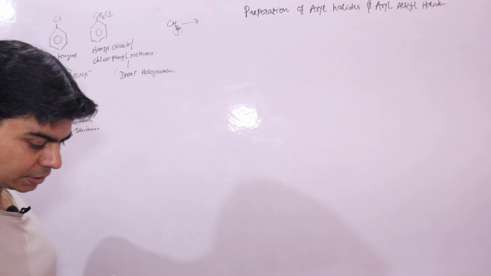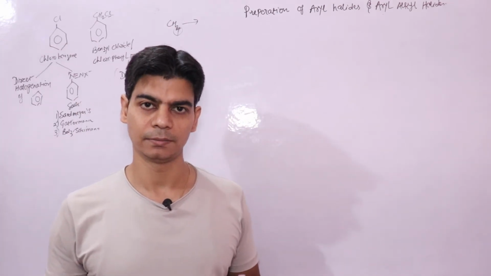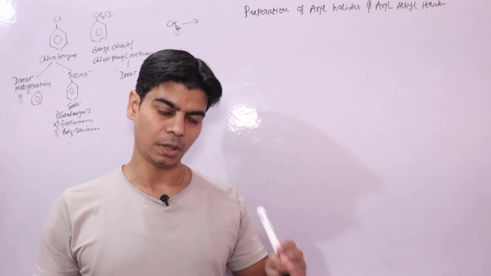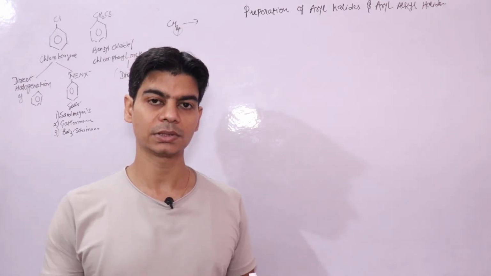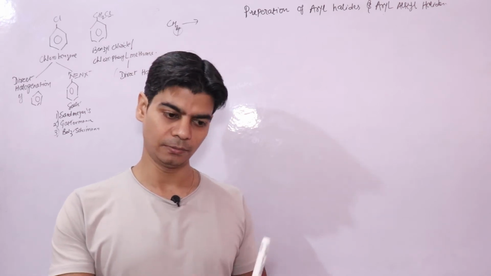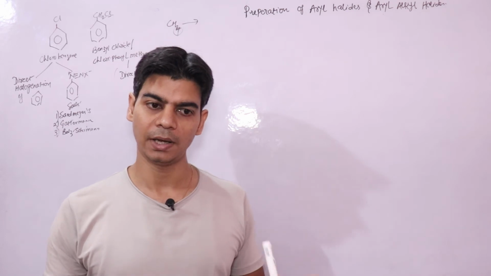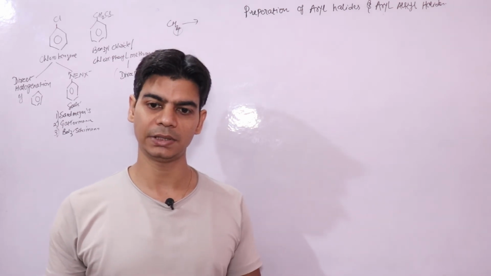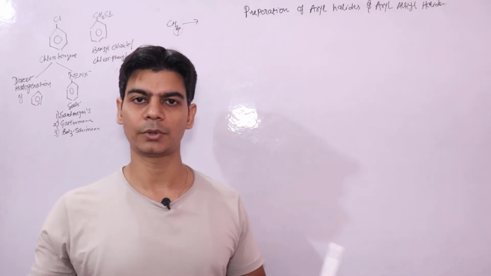By direct halogenation you can prepare chlorobenzene and bromobenzene. Iodobenzene cannot be prepared by direct halogenation, because the reaction would be a reversible reaction, and we know that in a reversible reaction the reactants will start forming from the products.